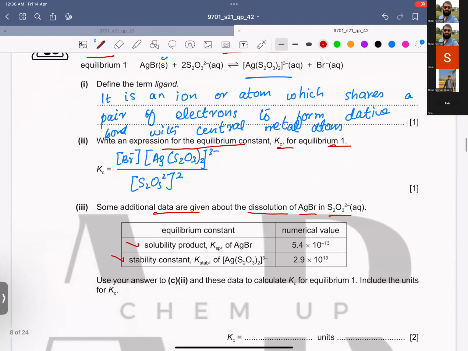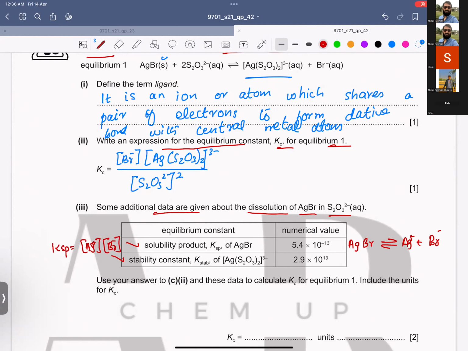So if I look for a Ksp expression, it would be like this: AgBr forming Ag positive ions and bromide negative ions. So the Ksp expression would be the concentration of Ag ions times the concentration of bromide ions.